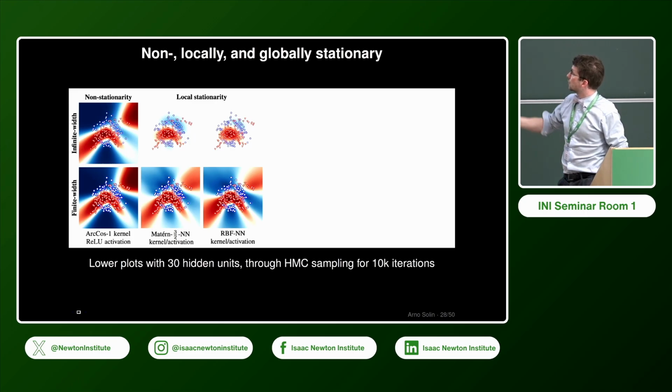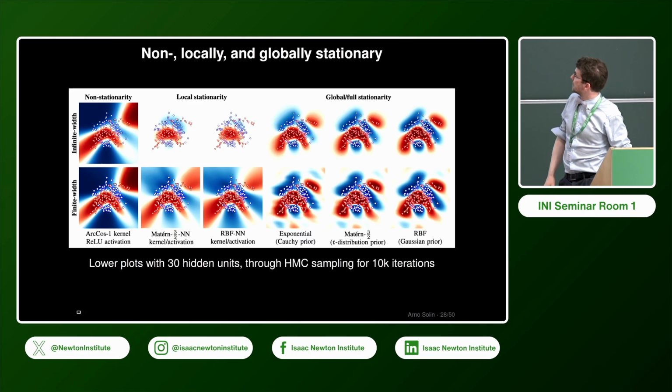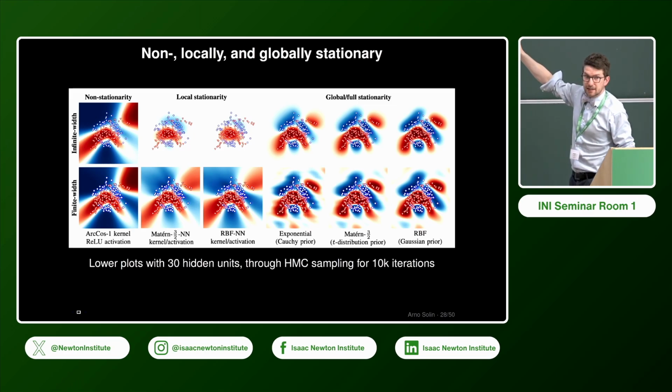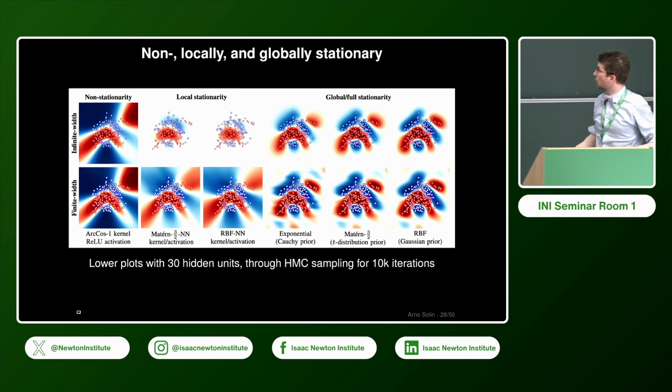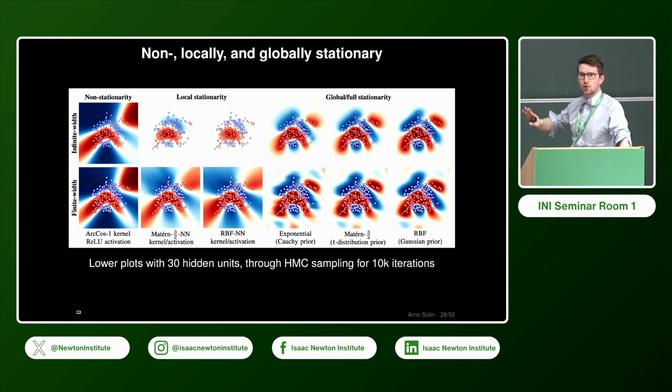These would be examples of the Matern and the RBF under local stationarity, and then these would be examples of both the Gaussian process and the corresponding neural network with an activation function under global stationarity. The top row has basically infinitely many nodes, while the bottom one has, I think in this example, maybe 20 or something. So it's a very small neural network. Even if it should only hold in the limit of infinite width, we can see the effects already with very small networks.